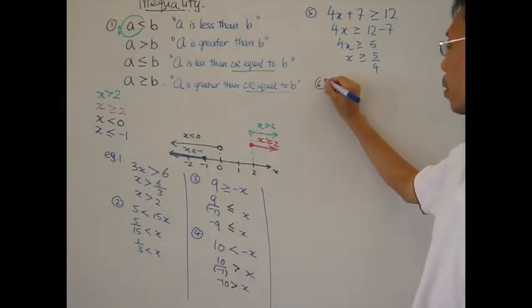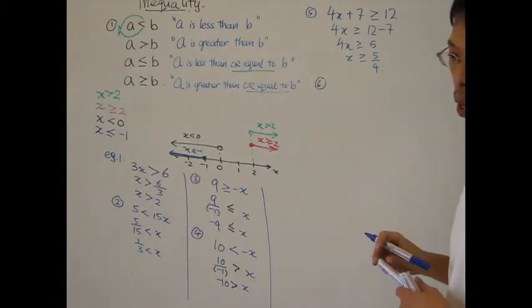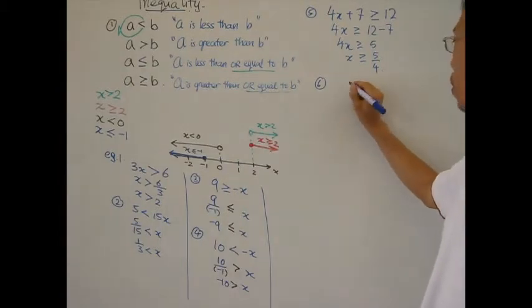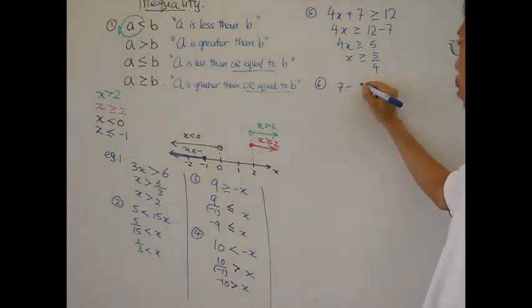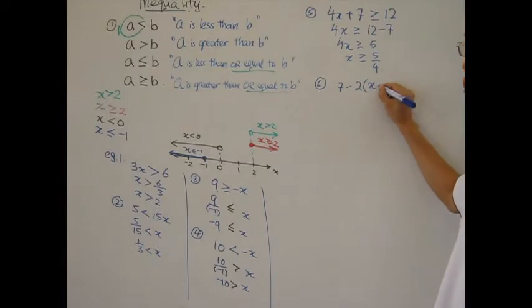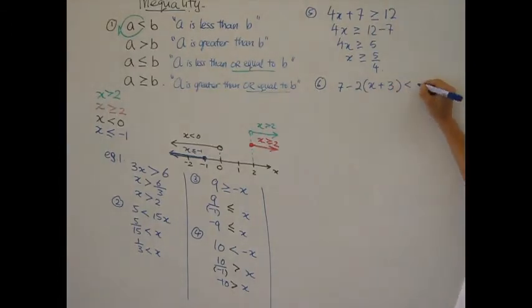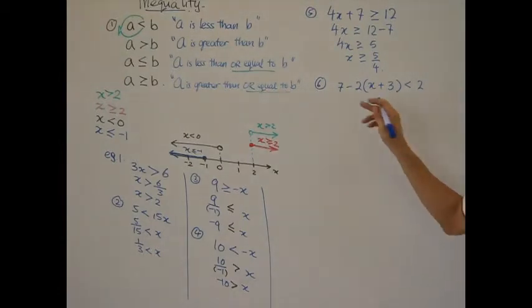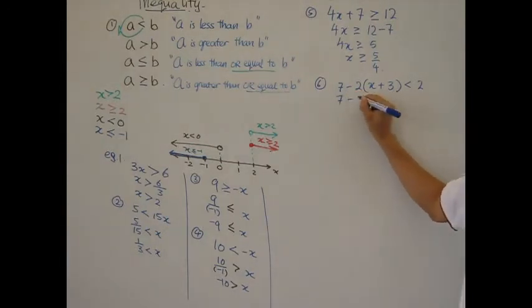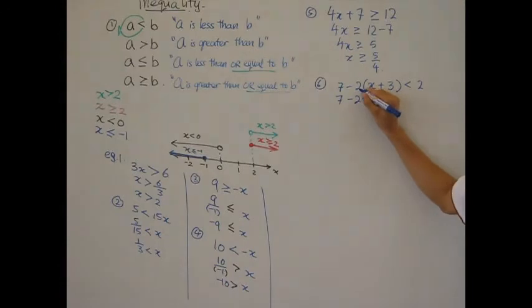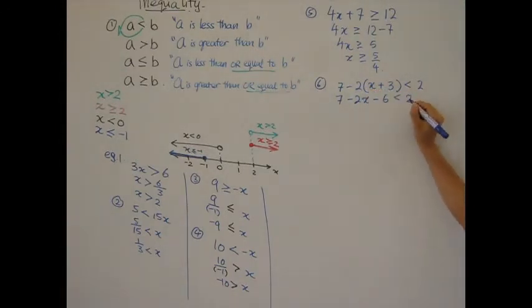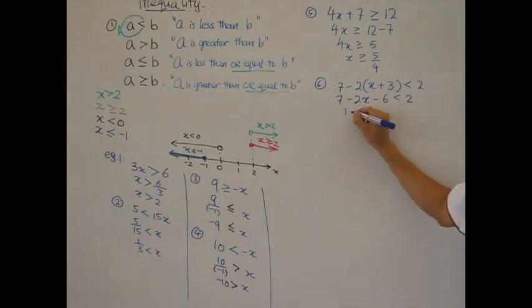And number 6, let's do another one. How about 7 minus 2 times (x plus 3) is less than 2, for example. Let's try to solve this. First, I have to open the bracket. -2 times 3 is -6. 7 minus 6, that's 1.